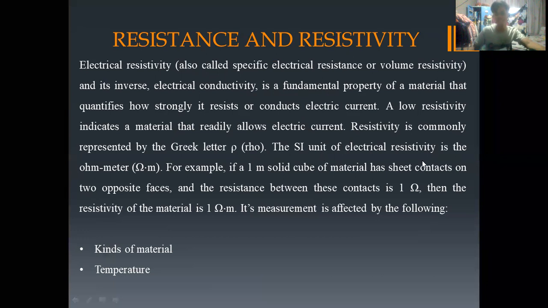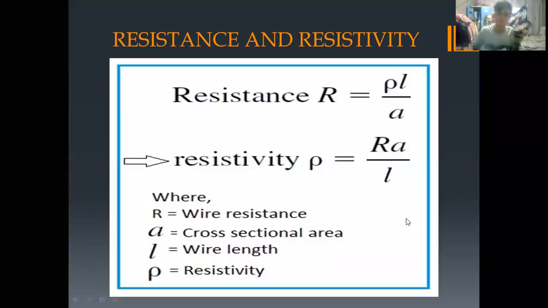The SI unit of electrical resistivity is ohm-meter. For example, you have a 1 meter solid cube of a material with sheet contacts on two opposite faces, and the resistance between these contacts is 1 ohm. Then the resistivity of the material is 1 ohm-meter. Its measurement is affected by the kind of material and the temperature.